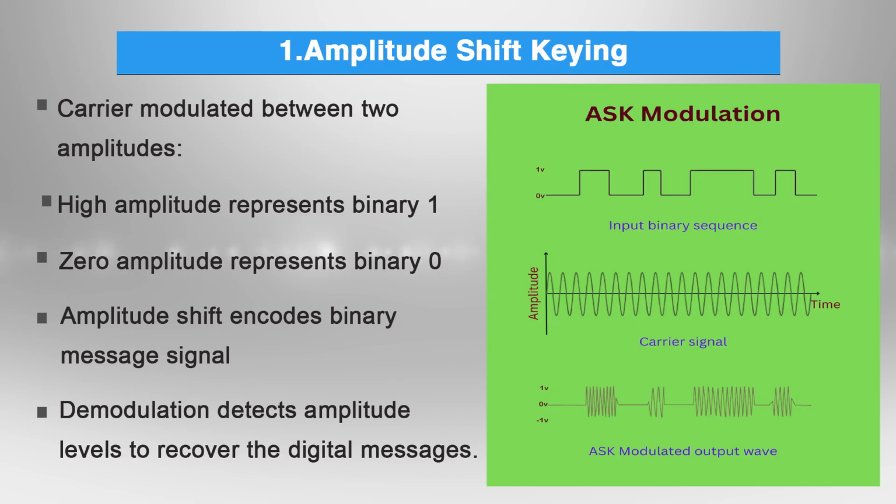High amplitude represents binary 1. Similarly, zero amplitude represents binary 0. Amplitude shifts encode the binary message signal. Demodulation detects amplitude levels to recover the digital messages.